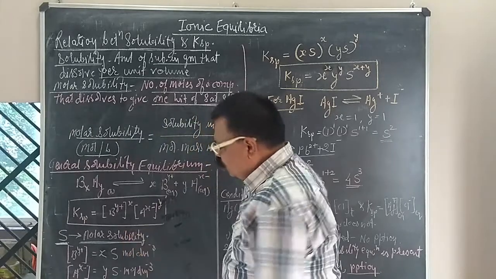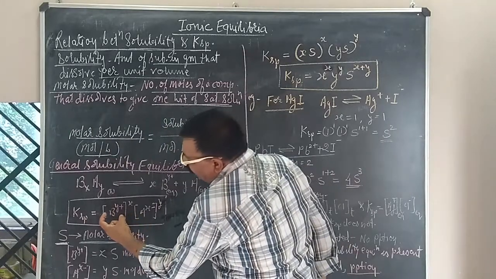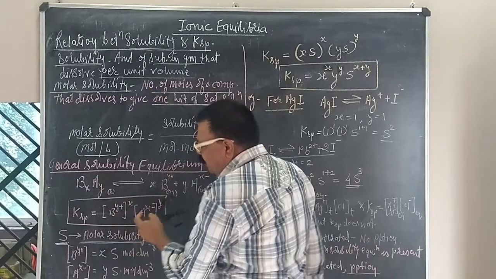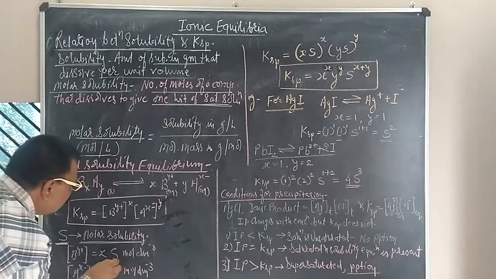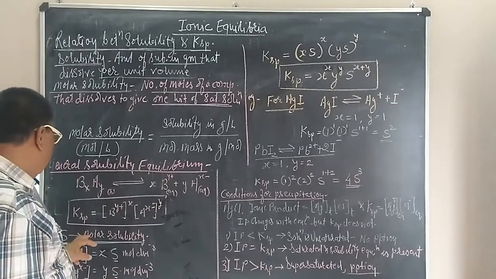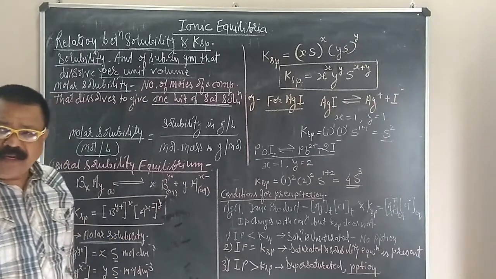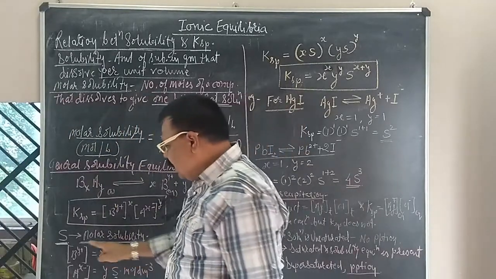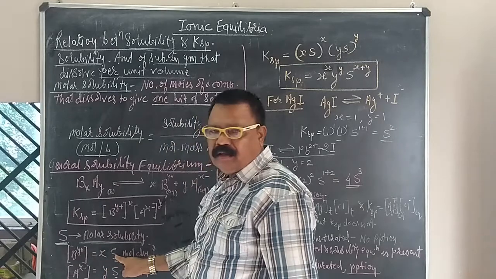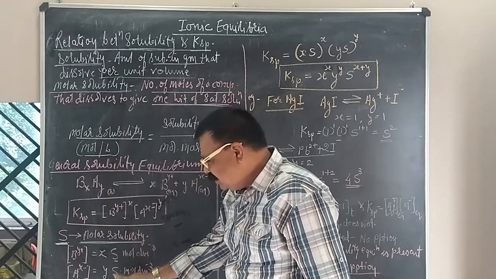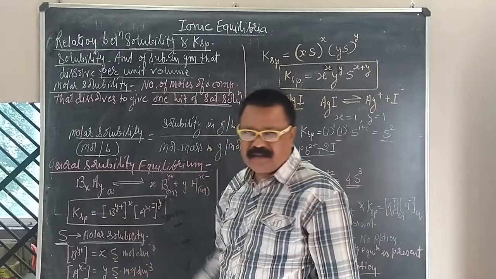So the concentration of B^y+ and the concentration of A^x- is to be considered as a capital S, the molar solubility. When we talk about the concentration, the solubility, this is S and this is also S.